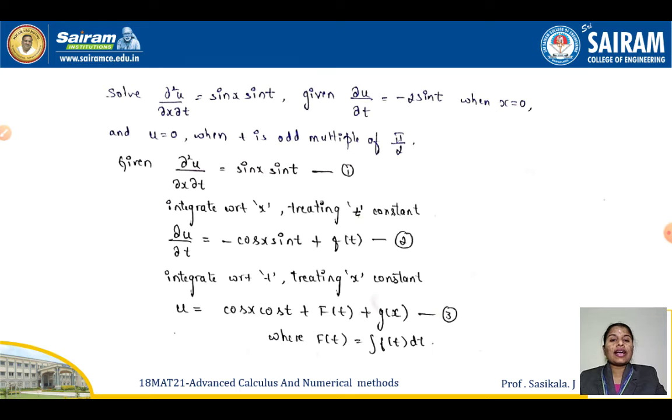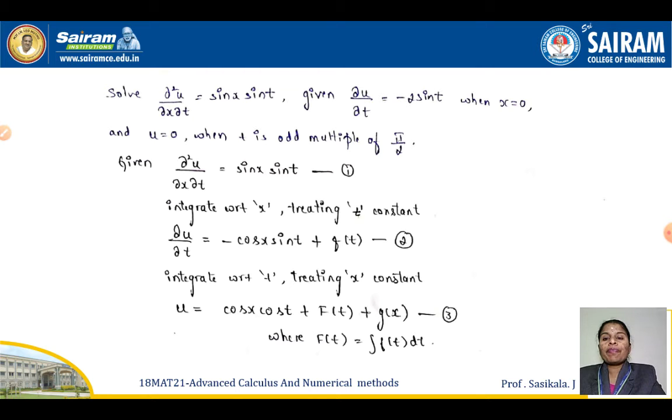Additionally they have given conditions. Whenever initial conditions are given, the aim is to find your arbitrary functions. You are supposed to substitute the conditions into the solution, then you can get them.